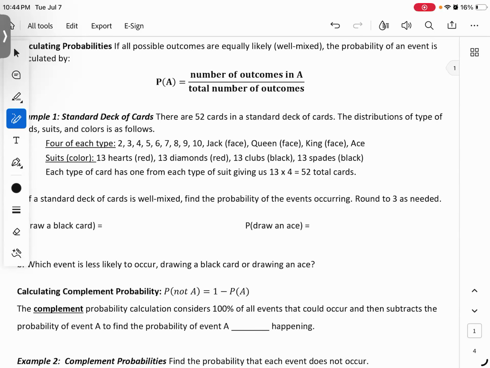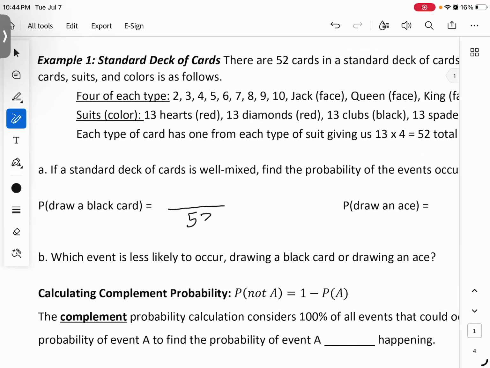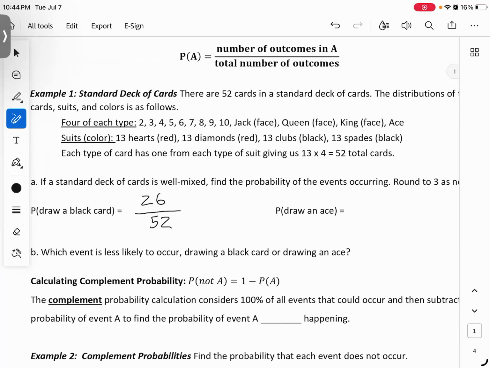You've always got to think of the total number that are possible. There are 52 total cards, but specifically narrowing down to those that are black, you've got 26. And again, that's because there are 13 clubs and 13 spades.